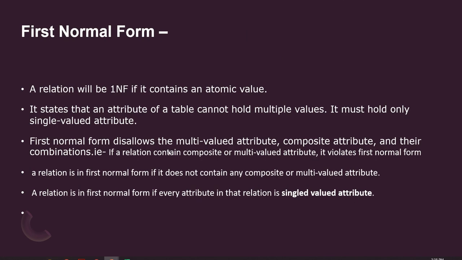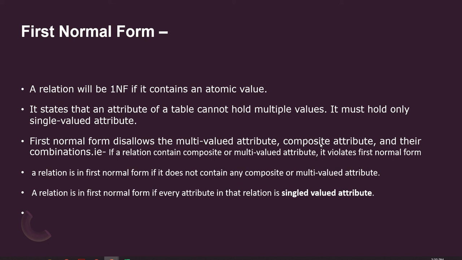First normal form mainly disallows multi-valued attributes, composite attributes and a combination of them. We know different types of attributes are there. Multi-valued means more than one value. For example, in this example, the phone number has multiple values for certain persons, so it is not allowed.